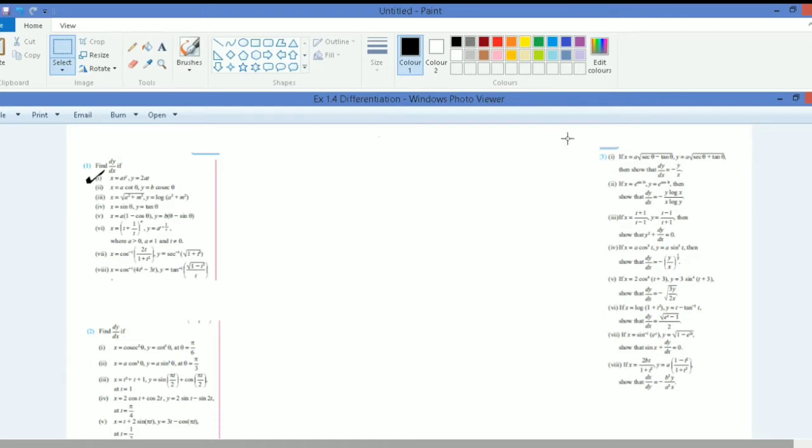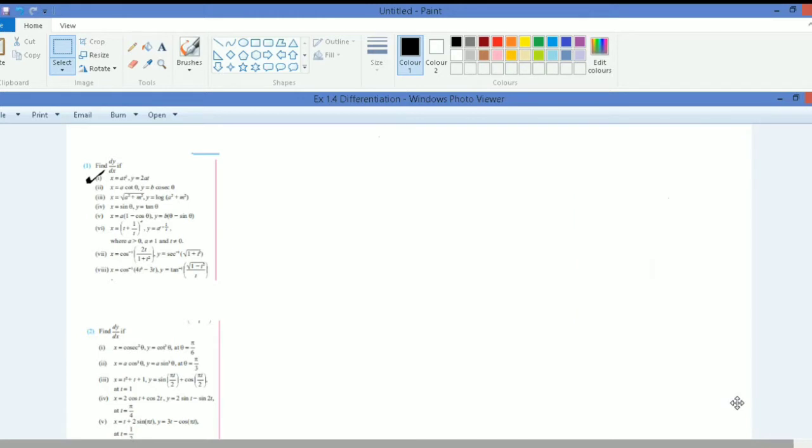Now for the second question, questions 1, 2, 3, 4, 5 are of a similar type. Let's try to take either 6 or 7.